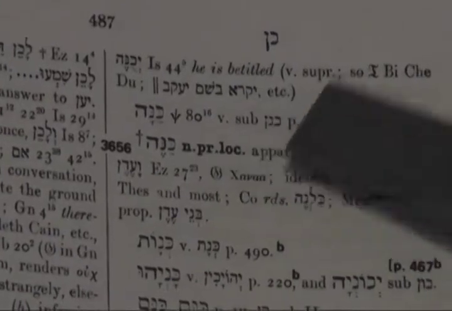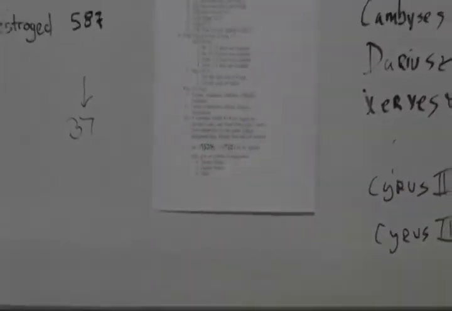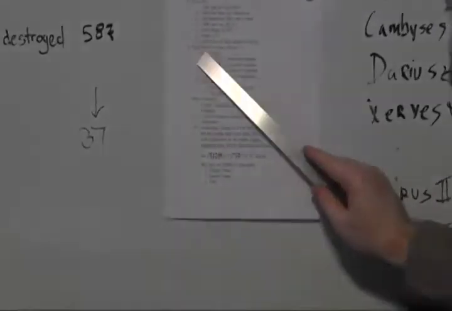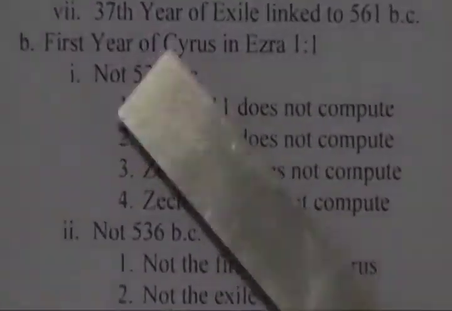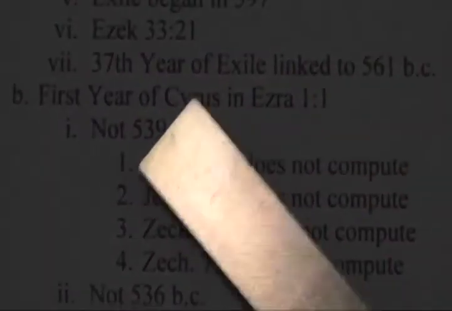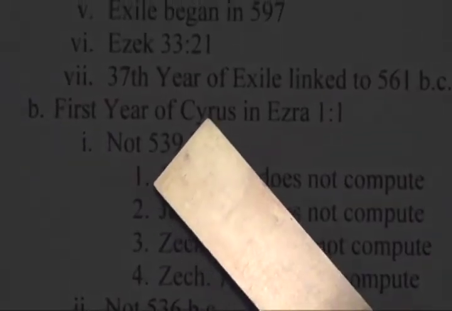So what it's saying is that in the prophecy, when it refers to Koresh, Cyrus, it is giving him his name before he becomes king over Babylon, before he takes Babylon, before he tells the Jews that they can rebuild the temple and the city.